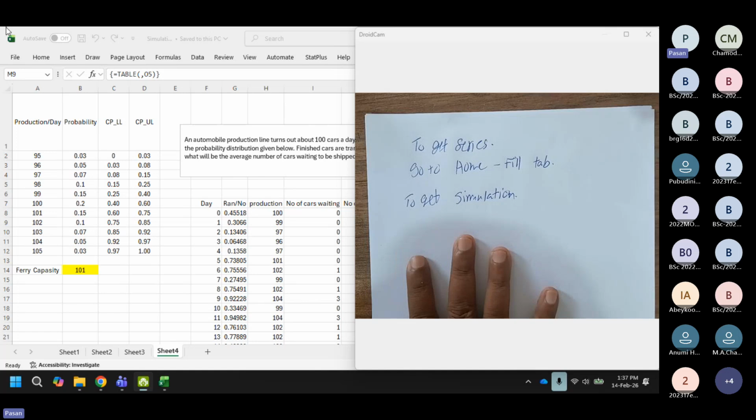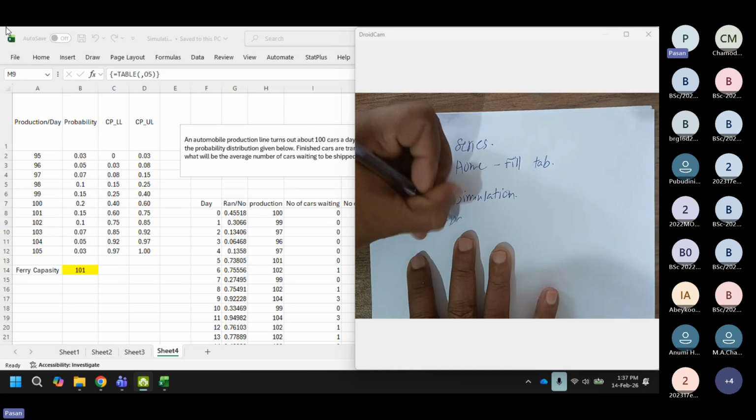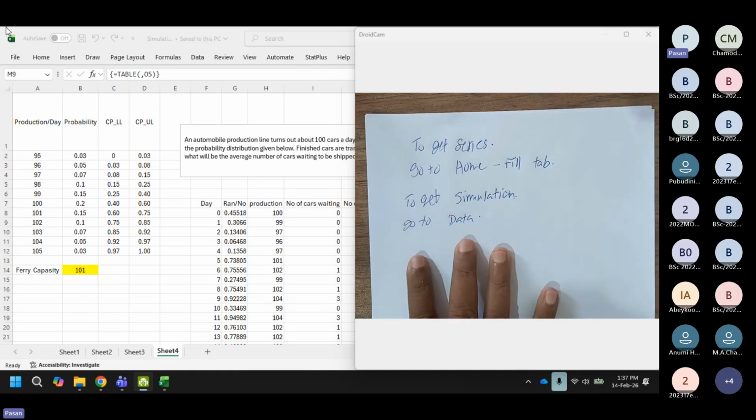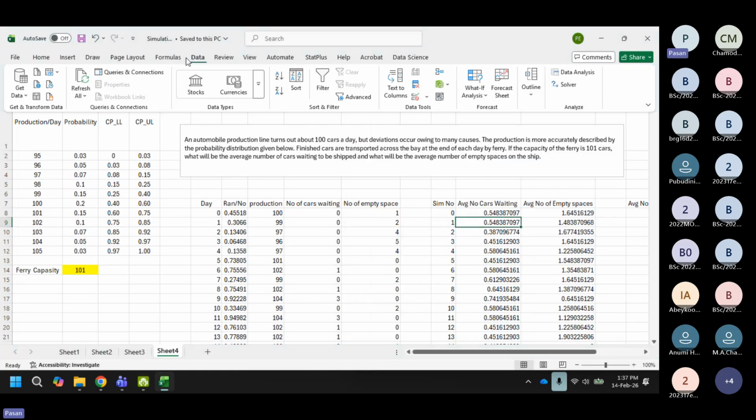So to get the simulation, go to the data package, right? So you can go to this data function here, and then what-if analysis and data table, right?